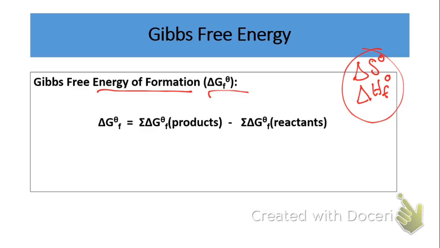And we'll use our famous equation where we take the sum of the delta G formation values of the products minus the sum of the delta G formation values of the reactants, okay? And again, these values we would find in a table, and we just plug and chug into the equation as we've done in previous problems, okay? Overall.